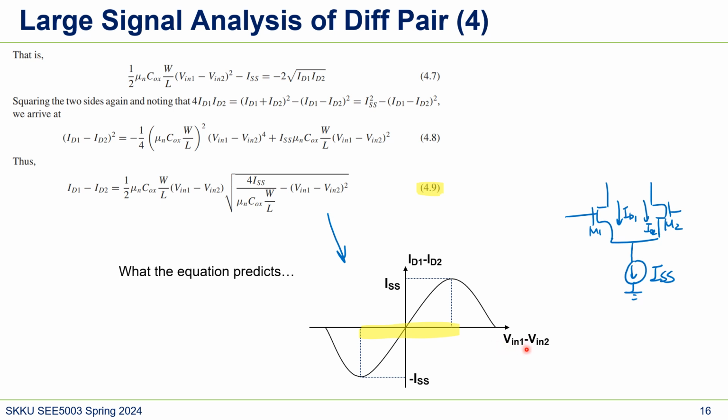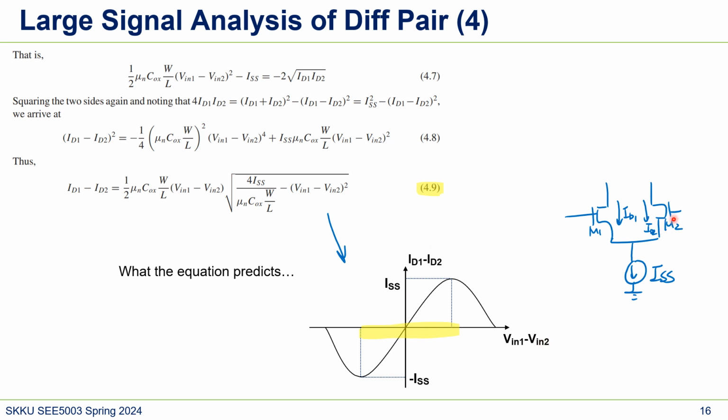If Vin1 minus Vin2 increases, then the differential difference between ID1 and ID2 increases, right? It means that if Vin1 increases, then ID1 increases. So it makes sense. This part also: if it goes negative, that means Vin2 increases.